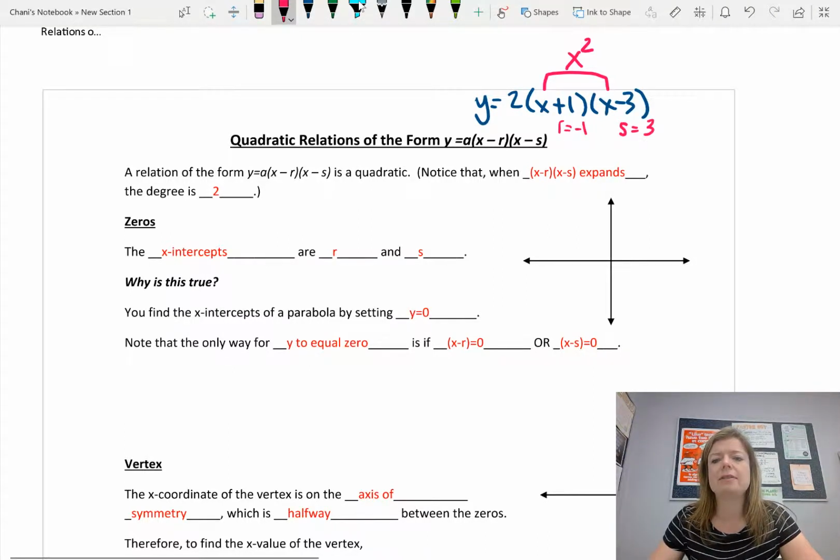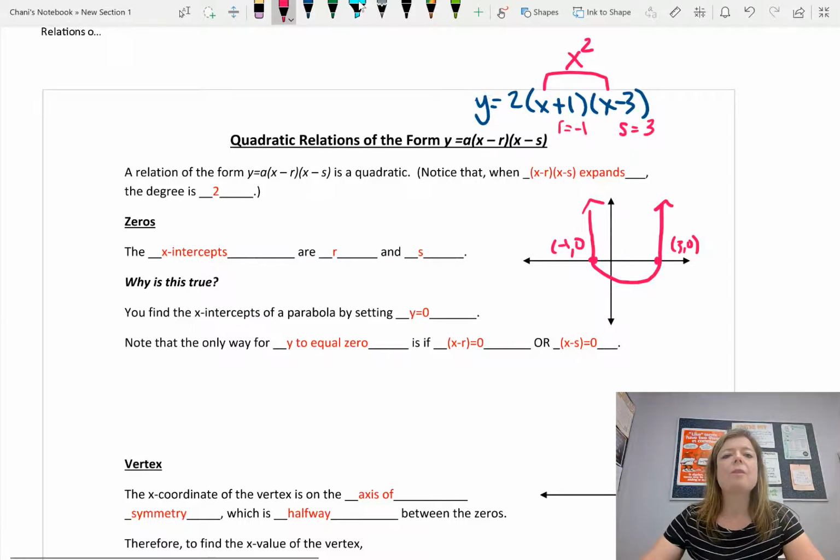So the x-intercepts here would be -1 and +3. And notice that there's a 2 there, which means it opens up. So it would look something like that. Okay, so those are the x-intercepts.